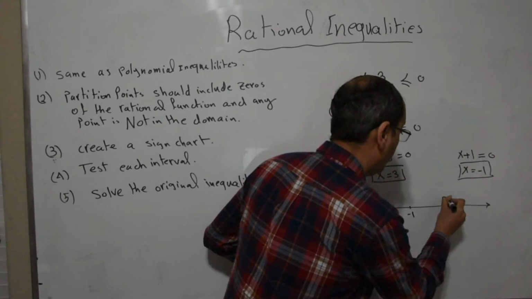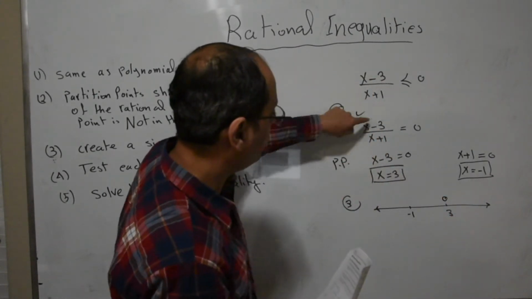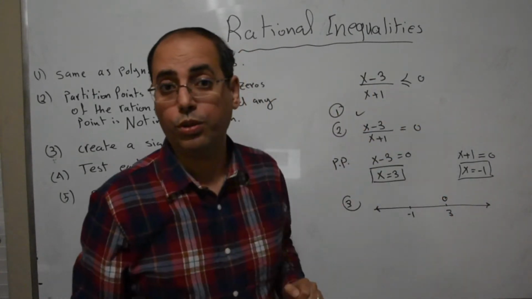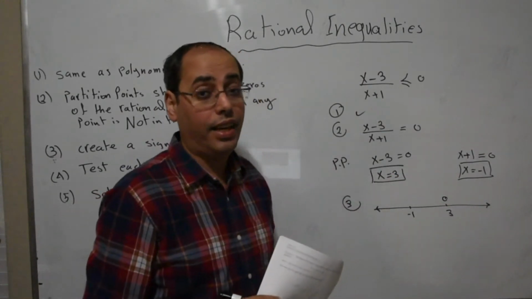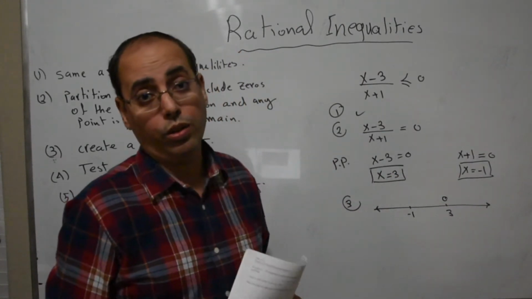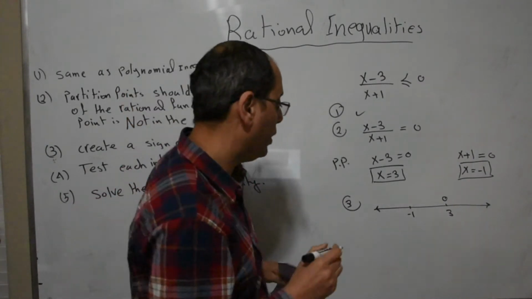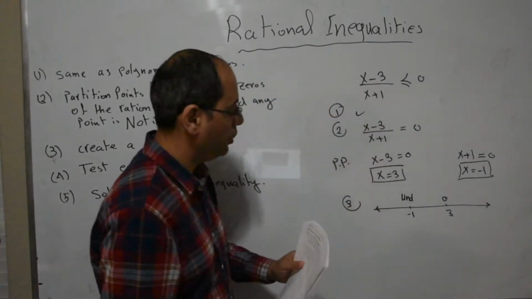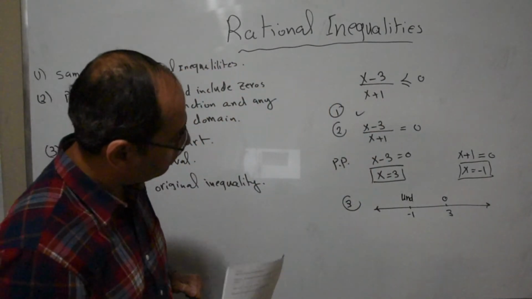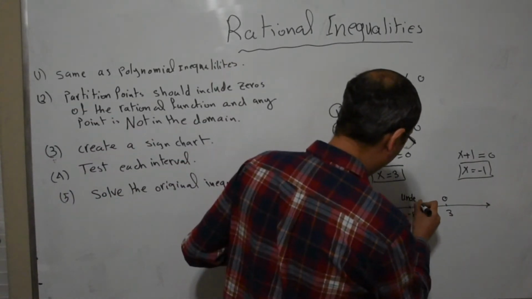So I have 0 at 3: 3 minus 3 is 0, and 0 divided by anything is 0. But negative 1 is not a 0. This is a hole, or restricted value. So I'm going to call it here undefined. Undefined, UND.